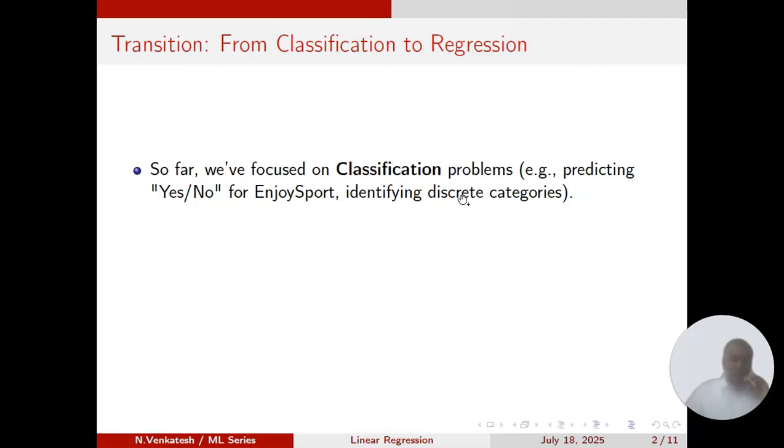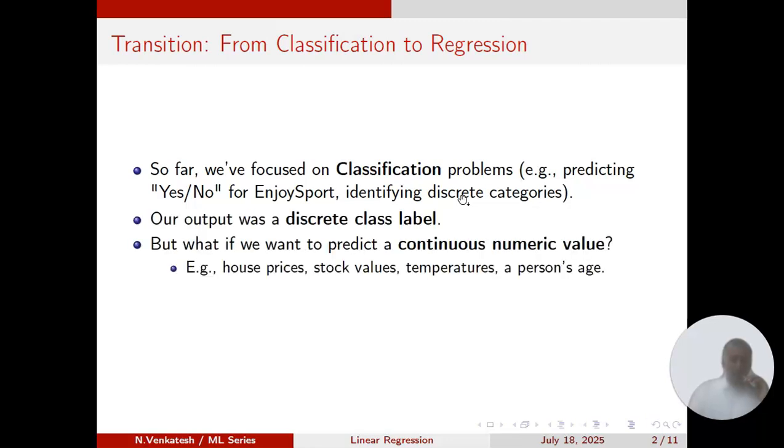So far in all our previous lectures we had considered the classification problem. Classification problem tries to predict the categories, that means yes or no, true or false, or red, green or blue, while the regression problem focuses on predicting continuous numerical values like predicting a weight, or house prices, stock prices, a temperature, or some person's age.